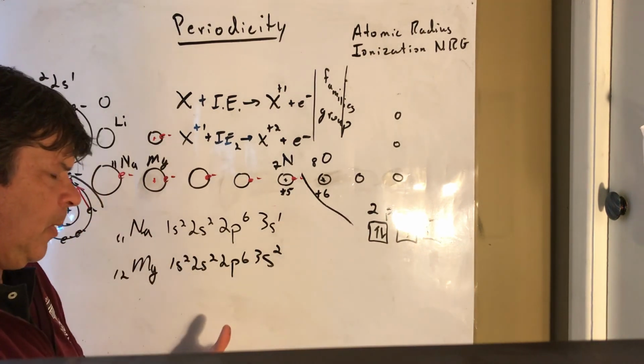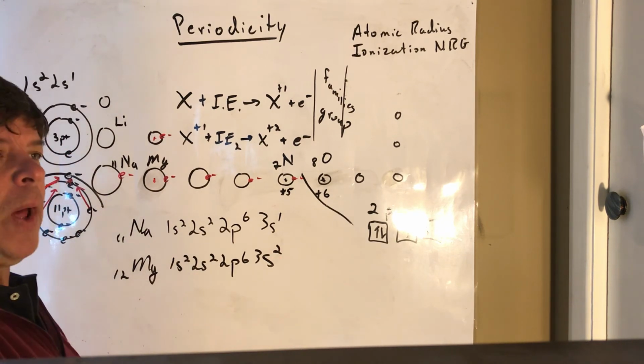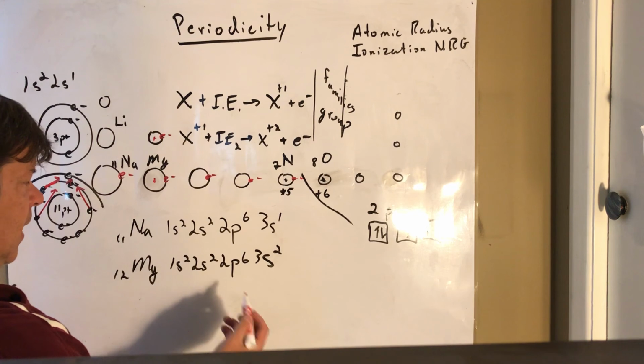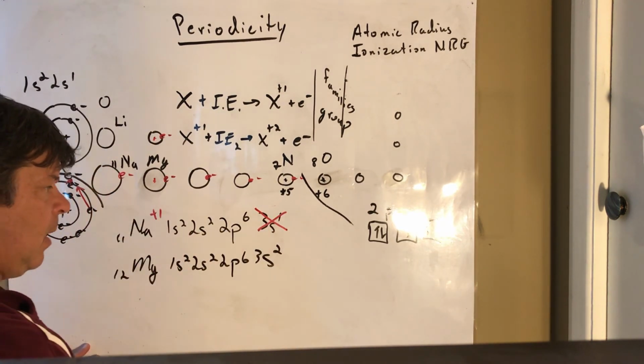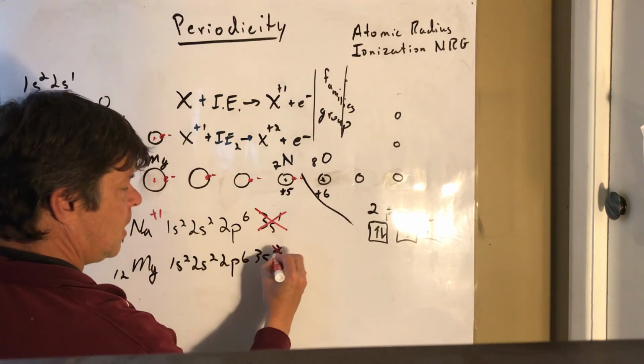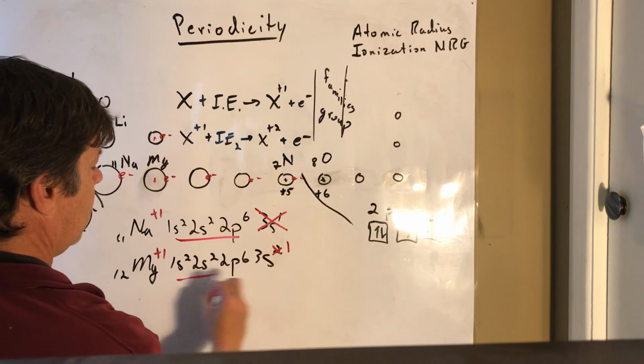You can use the noble gas abbreviation, doesn't matter. And then think about taking away one electron. In the case of sodium, let's remove this valence electron. Now we're going to have a sodium ion. Magnesium, let's remove this electron. And then look at what's left over.